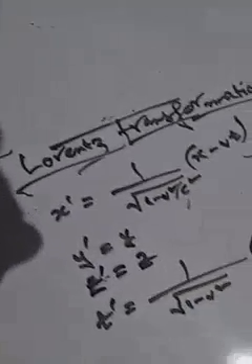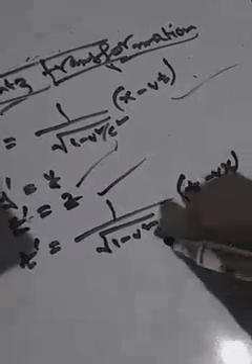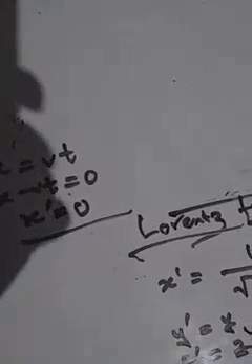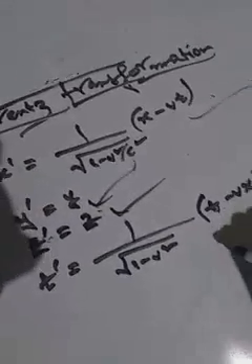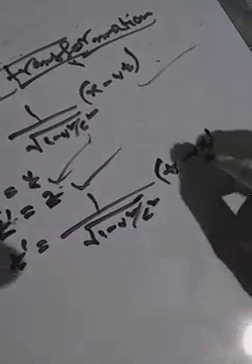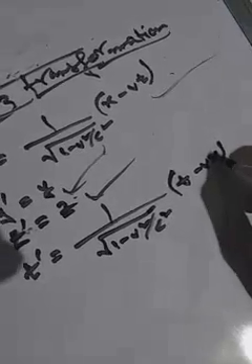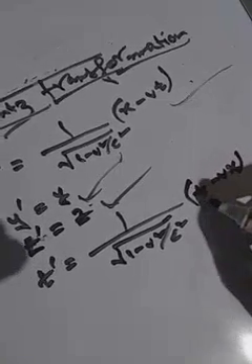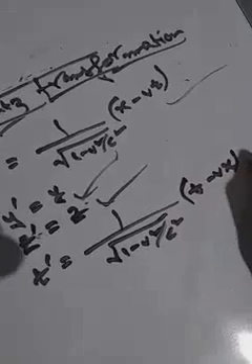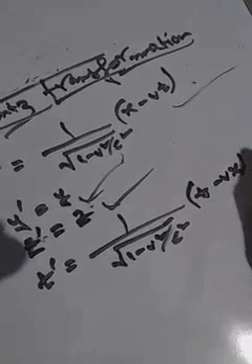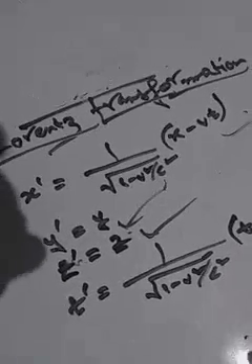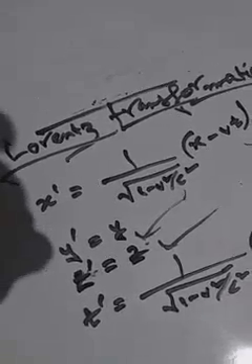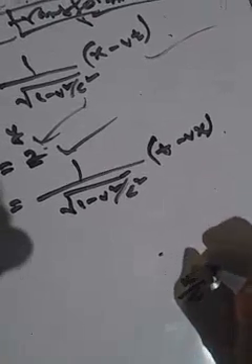So this will be the first equation, the second and the third, and the fourth equation: 1 by root of 1 − v²/c², here again we have to include c², then t − vx, velocity into distance, and here is time. So time minus velocity into distance, but we know that distance by time equals velocity.